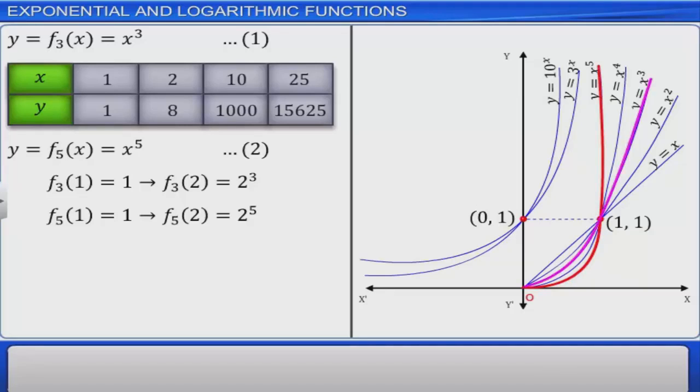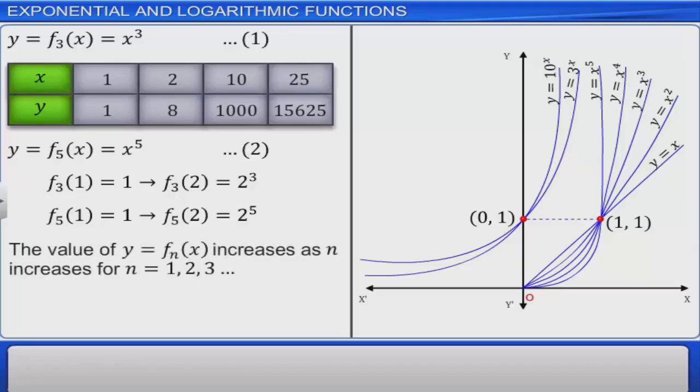This change is quite evident if we take higher powers of x into consideration. In general, the value of y is equal to fn of x increases as n increases for n is equal to 1, 2, 3, and so on.